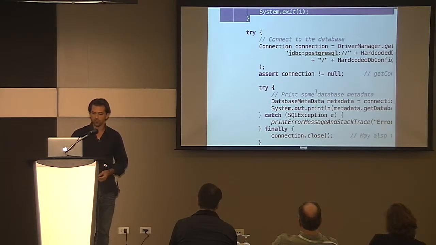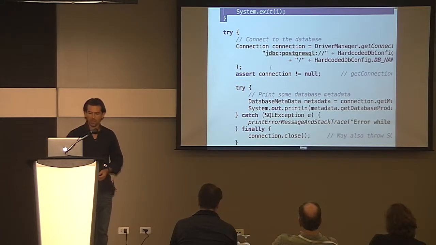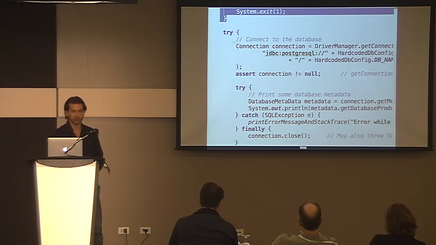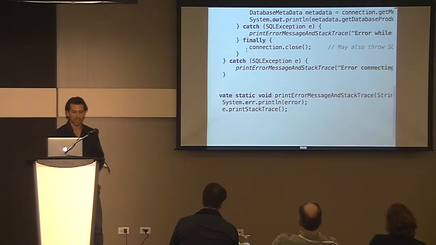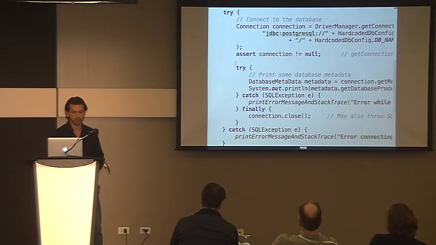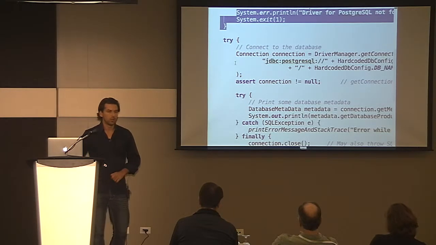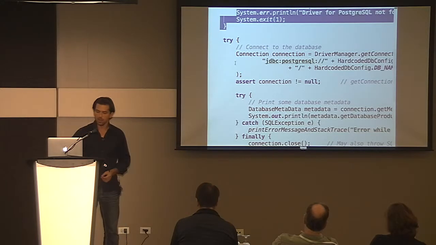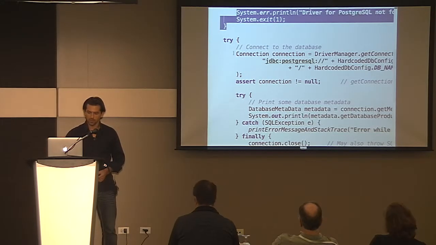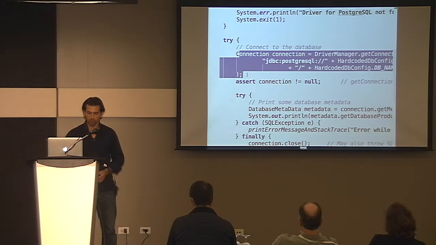Then, when connecting to the database, we have to wrap the code in a try catch block, because all the operations in the JDBC package throw a SQL exception. So we need to check for that. Here we instantiate the connection as we were doing before.